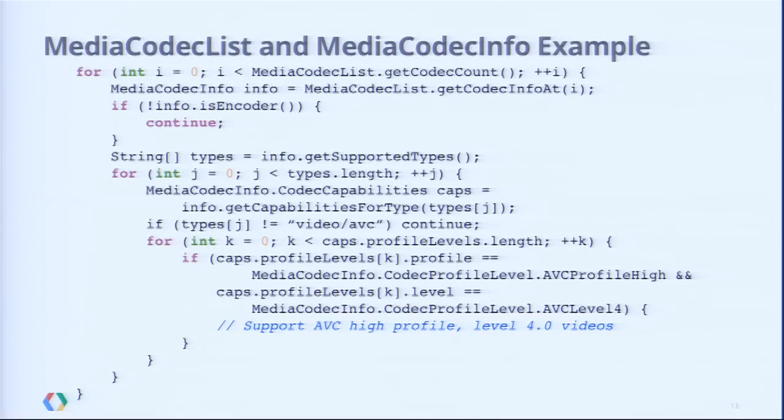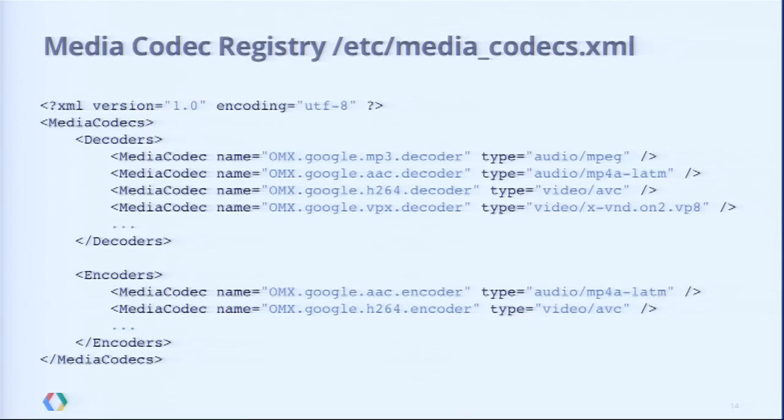So the use of this media codec list and the media codec info API is pretty much straightforward. Behind the scenes, how does this API work?